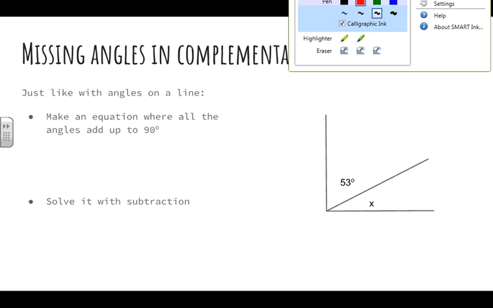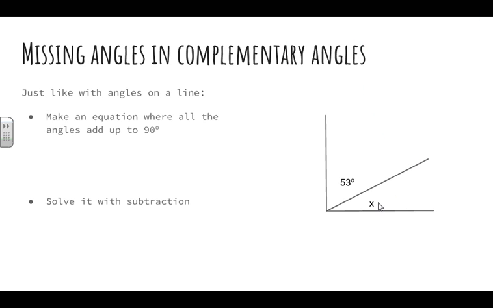All right, if we have a missing angle and we know that it is complementary to another angle, we can make an equation where they add up to 90 degrees. So we could make this equation 53 plus x, I'm sorry, that should be a plus sign, plus x equals 90 degrees.